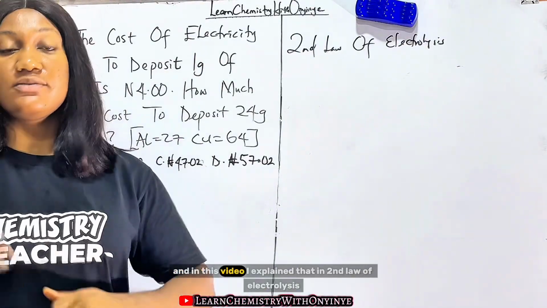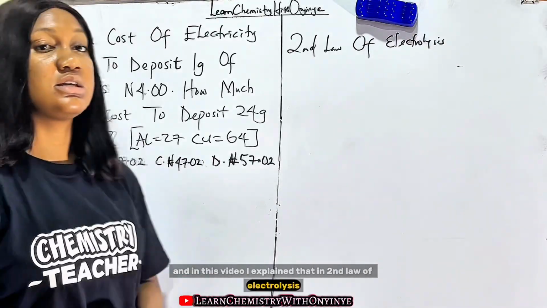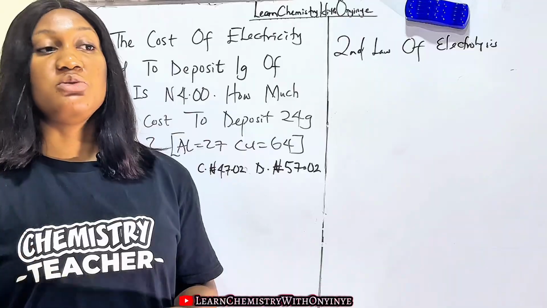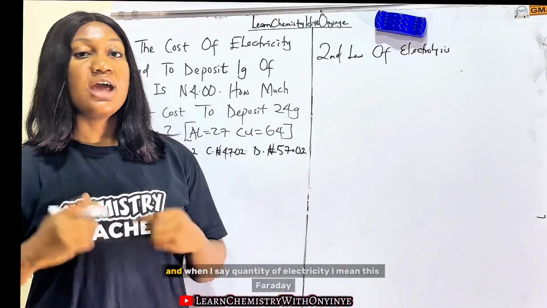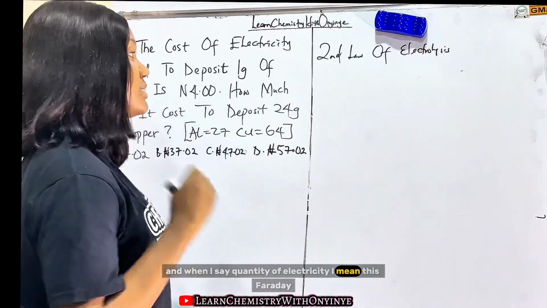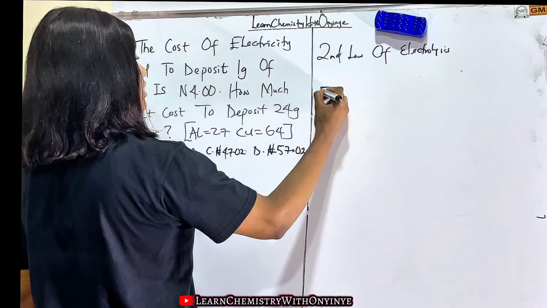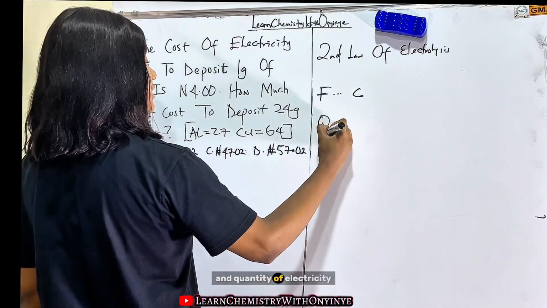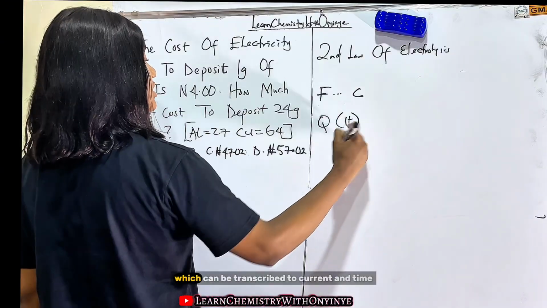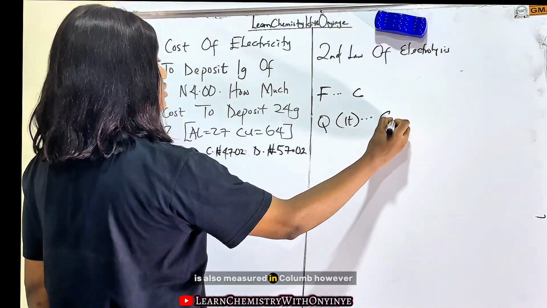And in this video, I explained that in second law of electrolysis, the quantity of electricity between the two elements involved automatically becomes the same. And when I say quantity of electricity, I mean this, Faraday. Now, Faraday is measured in coulomb, and quantity of electricity, which can be transcribed to current times time, is also measured in coulomb.